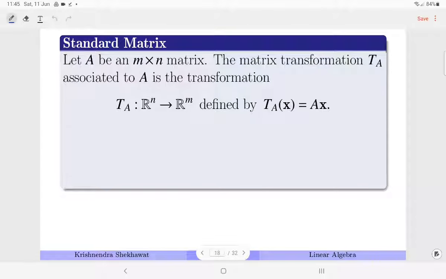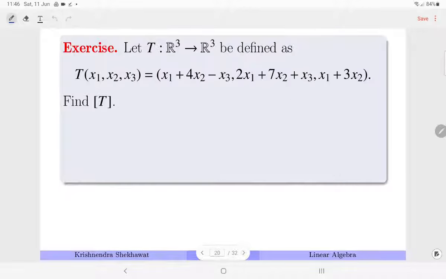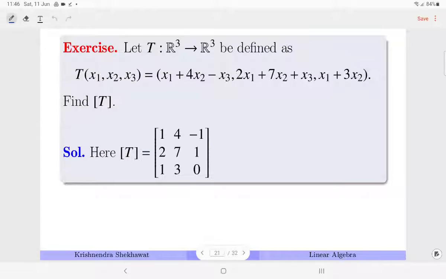So if T is a matrix transformation, then we must write T(x) = A(x), where A is said to be the standard matrix. Again the same example, for which we have already computed the standard matrix, is as follows.